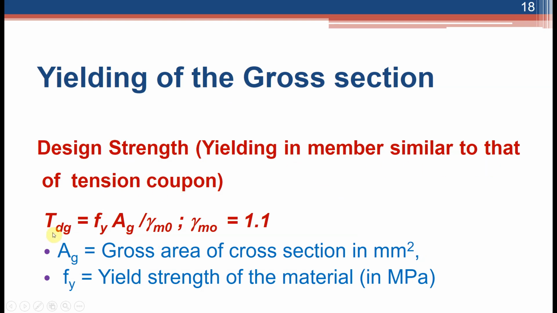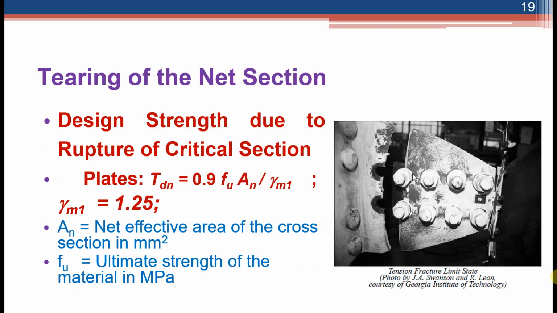So T_dg is equal to Fy Ag upon gamma m0, where gamma m0 is equal to 1.1. This T_dg is the tensile yielding strength of the cross section. Ag is the gross area of the cross section in mm square, and Fy is the yield strength of the material in MPa.